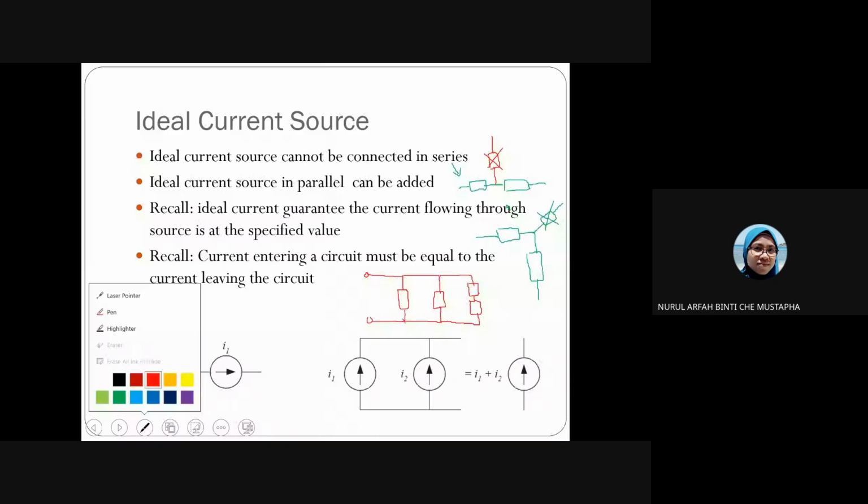Okay, so which one is in parallel? Are they in? Yes. Oh, this. Yeah. It's parallel also. It's parallel.